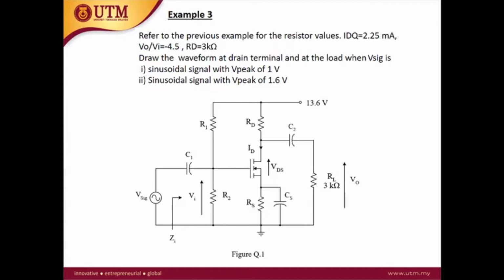When you draw the output waveform, the important thing that you need to consider is the point of the waveform. Usually we draw the output waveform at the load, which is after the coupling capacitor.